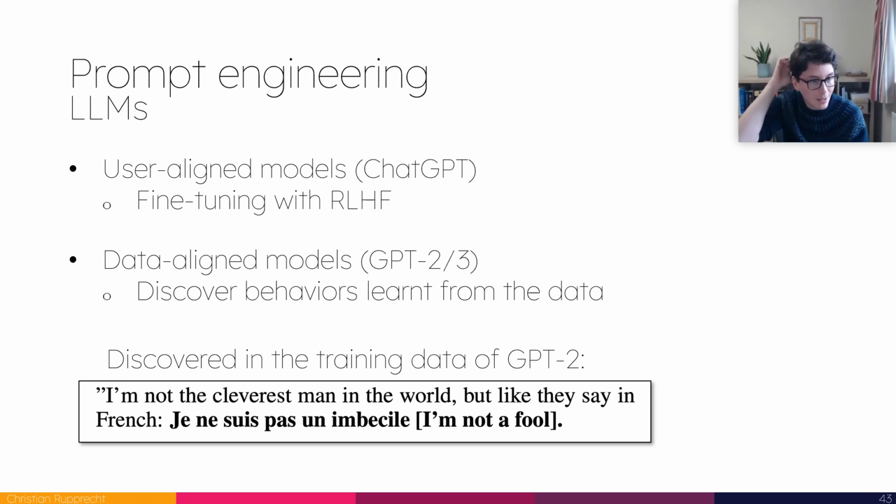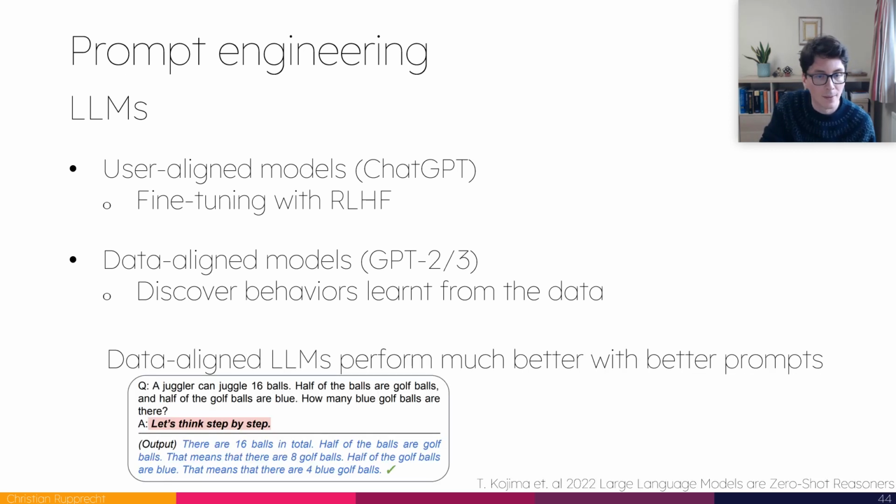So here is a sample that was discovered in the training data of GPT-2, where a sentence contains both the English part and the French translation of the sentence, so that the model can learn a representation that can actually translate. If you do user alignment for these models, they somehow lose some of their ability to adapt to the prompts.